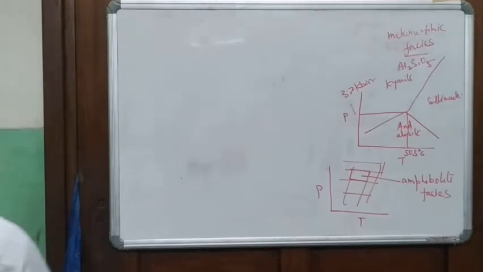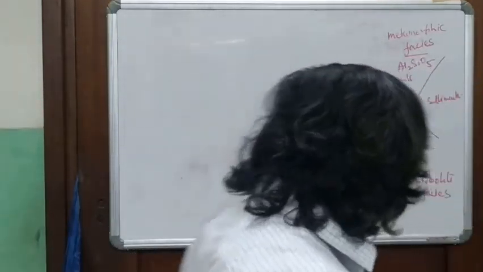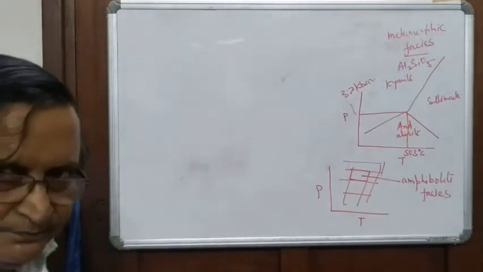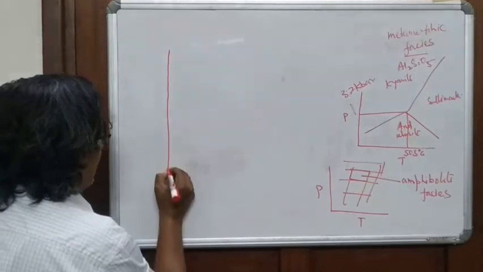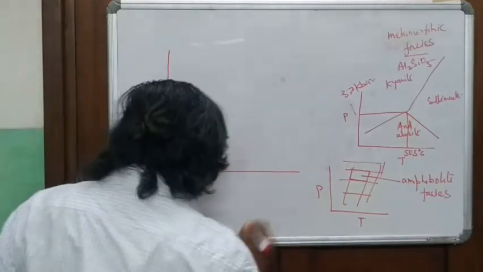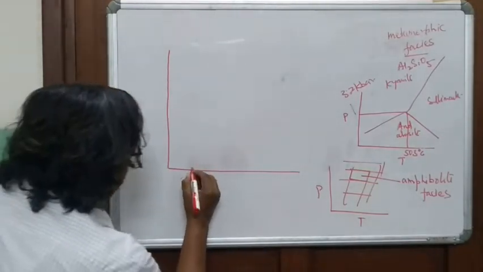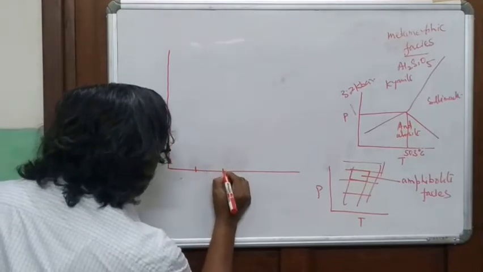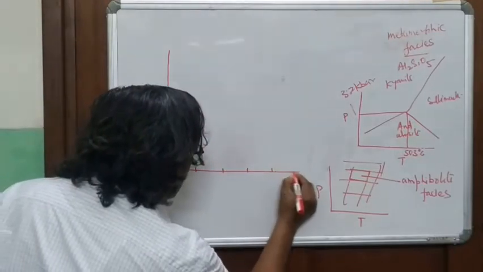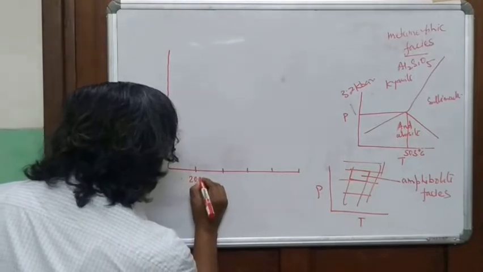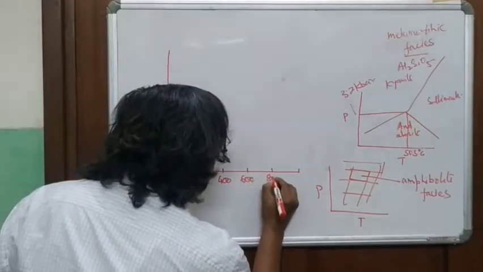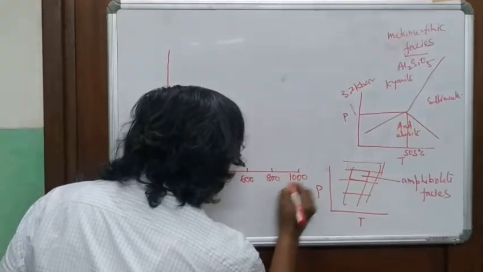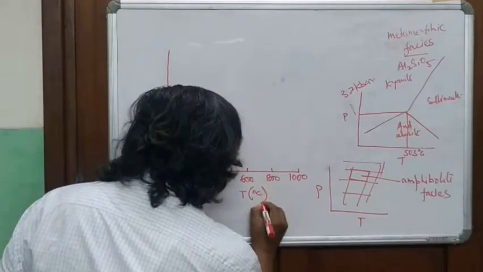Now this is fairly complicated, but I will draw you a simple one. I will not try to make it more complicated than it is. I will draw this diagram. Temperature 200, 400, 600, 800, and 1000. This is temperature in degrees centigrade.